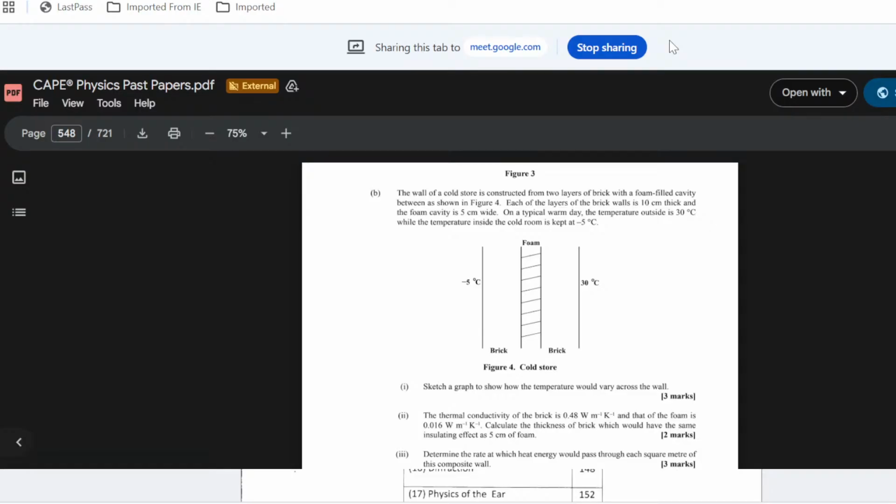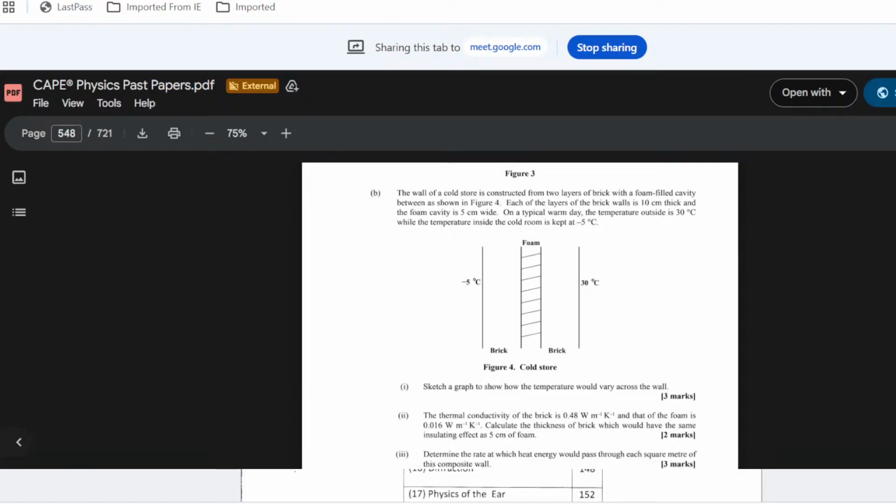Alright, so we can imagine, instead of having the foam here, we have another layer of brick in between. So we can consider what's going to be the same if we replace the foam with the brick.